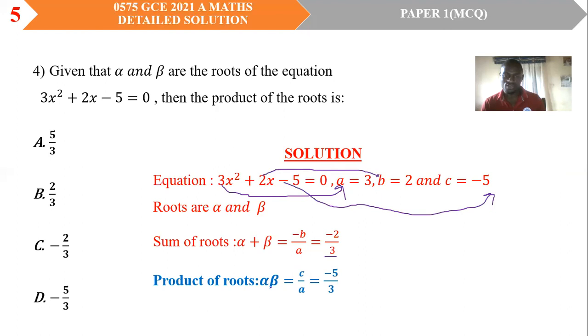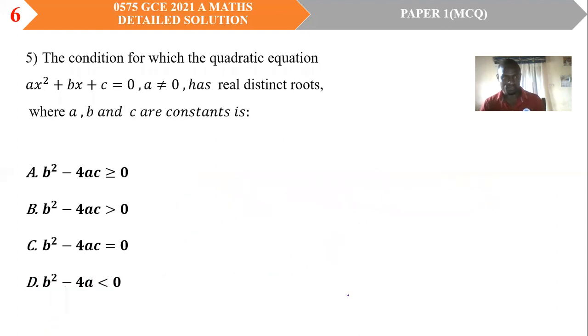Therefore, to get the product of roots, which is alpha beta, we just replace c with the value, which is -5, over, replacing a by 3, we have the ratio -5 over 3. Answer D. We move forward.